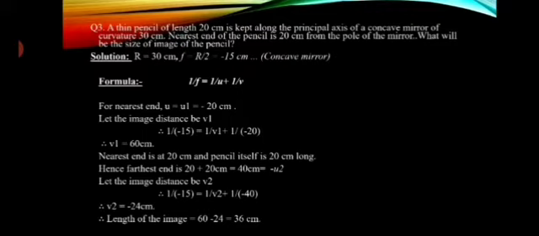Now we have to find out the size of the image. Since the nearest end is at 20 centimeter and the pencil itself is 20 centimeter, we'll add up the distances so that we get the farthest end, that is considered as u2, which is negative of 40 centimeter.